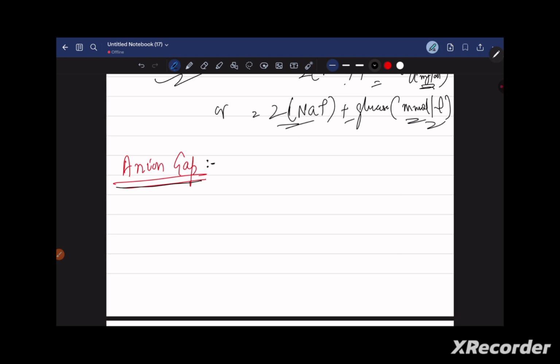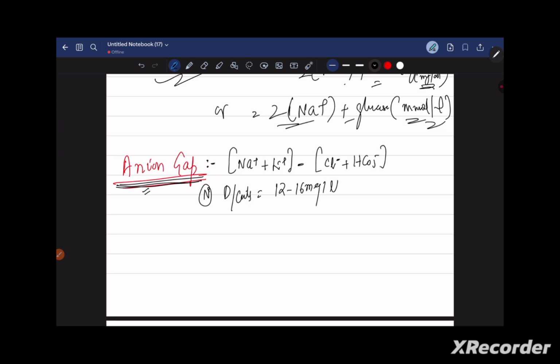Mainly for the anion gap, we subtract major anions from cations. This will give you the anion gap. Normally in dogs and cats, the anion gap is 12 to 16 milliequivalents per liter.